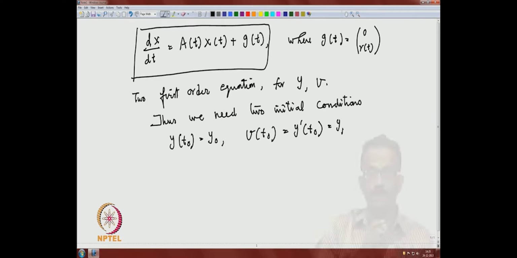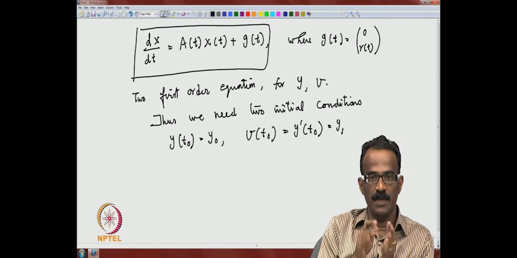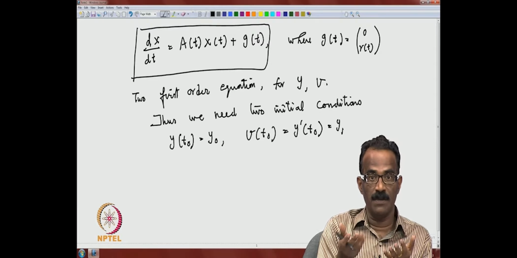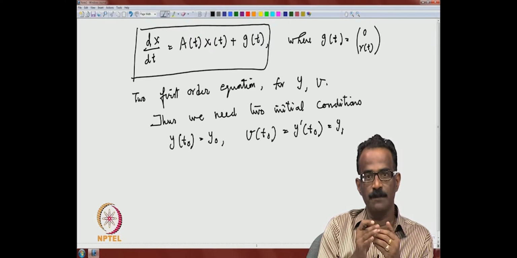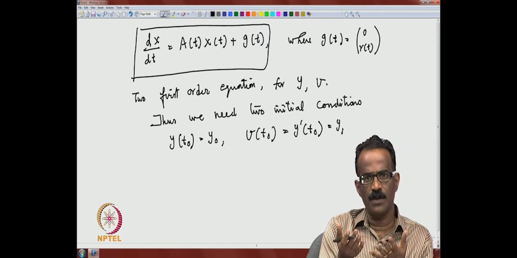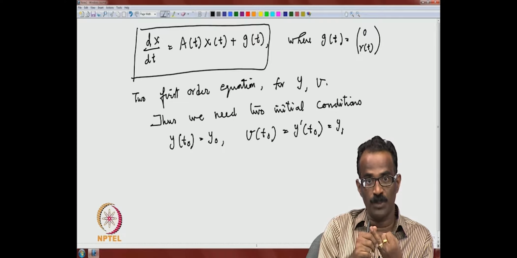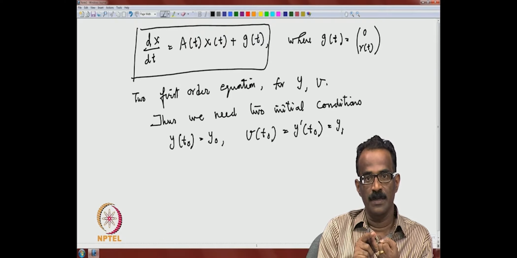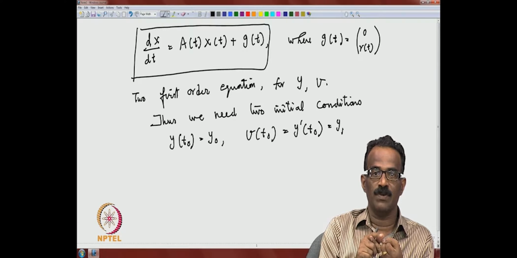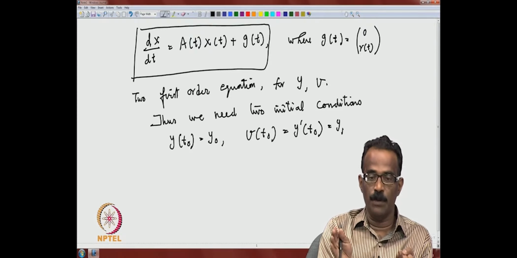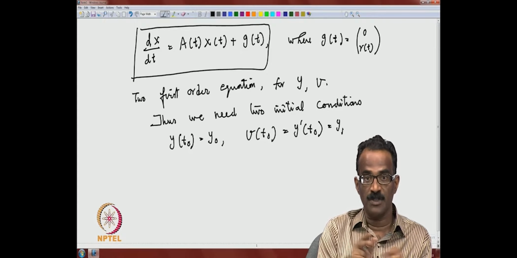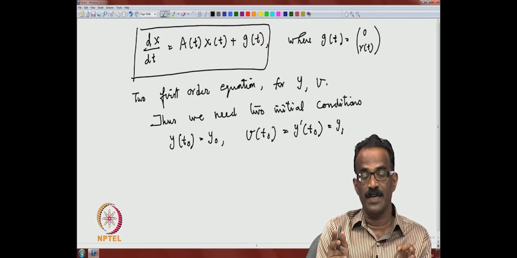We have seen in first order equations that because of the integration there is a constant. When you integrate, you have a constant, and if you want to fix that constant, you need one condition. But we have two first order equations, so in principle you have to integrate two unknowns, y and v, and both require one condition each. So, the initial value problem with two conditions for second order equations is quite natural.